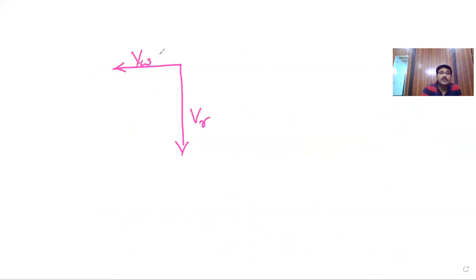This is V_W. This is capital V. Theta is this. Now if I draw a parallel line to here, V_W parallel here, it is a simple triangle. Origin is here. Tail to head: the resultant goes from the initial point to the final point.